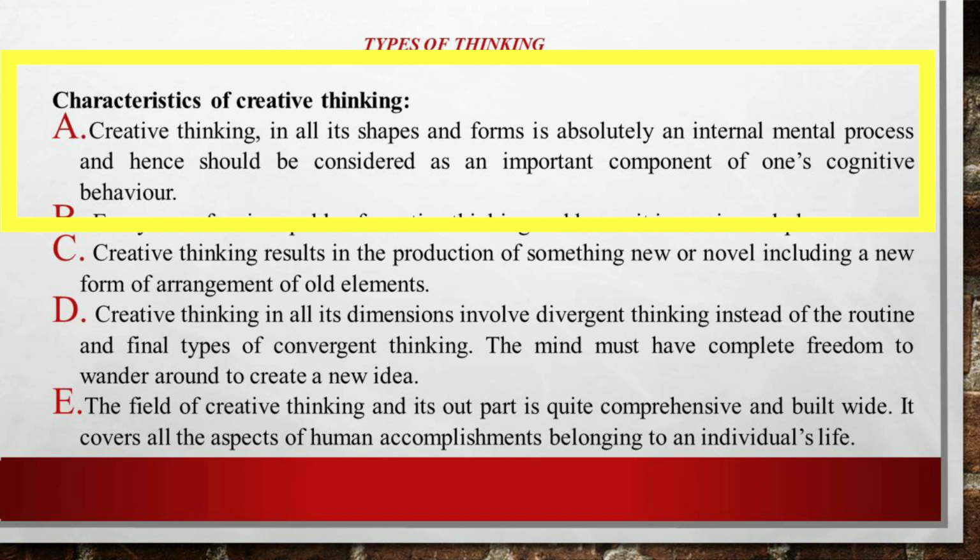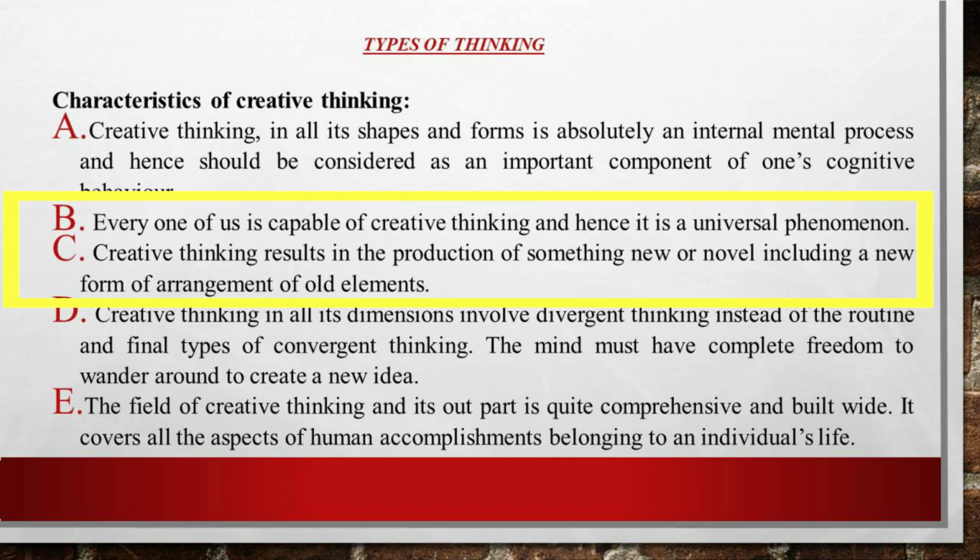And should be considered as an important component of one's cognitive behavior. Number 2, everyone of us is capable of using creative thinking, capable of creating new things, novel things, unusual things, and so on.